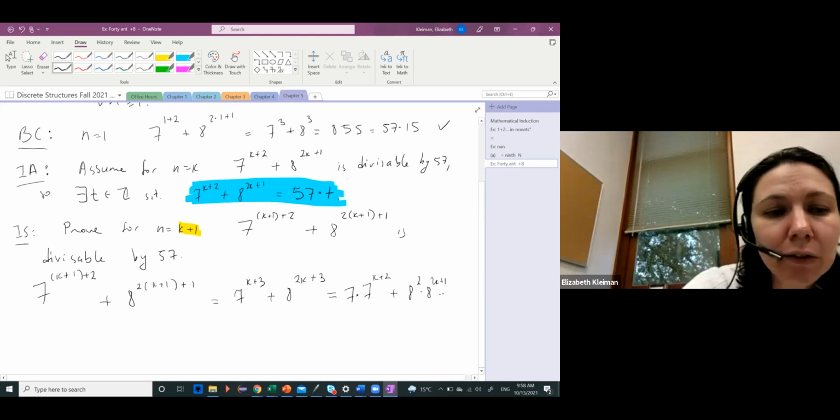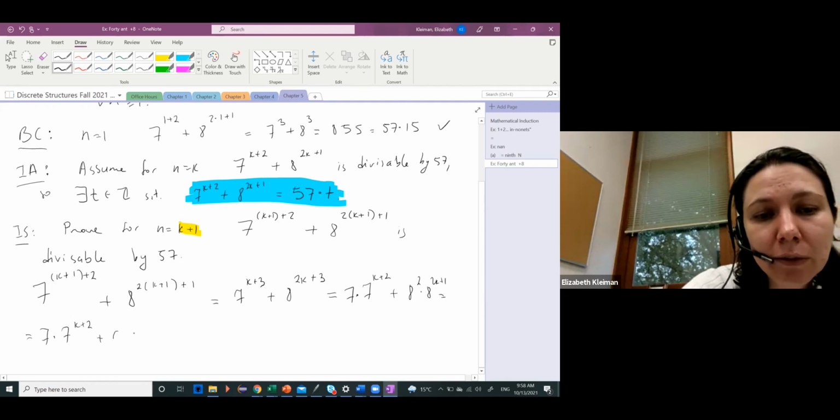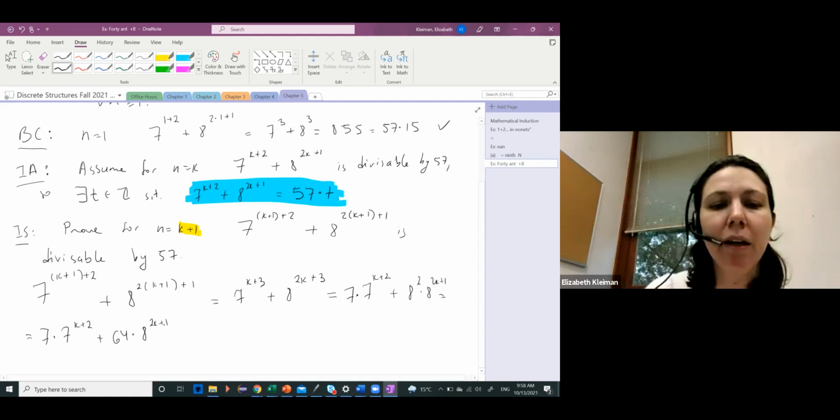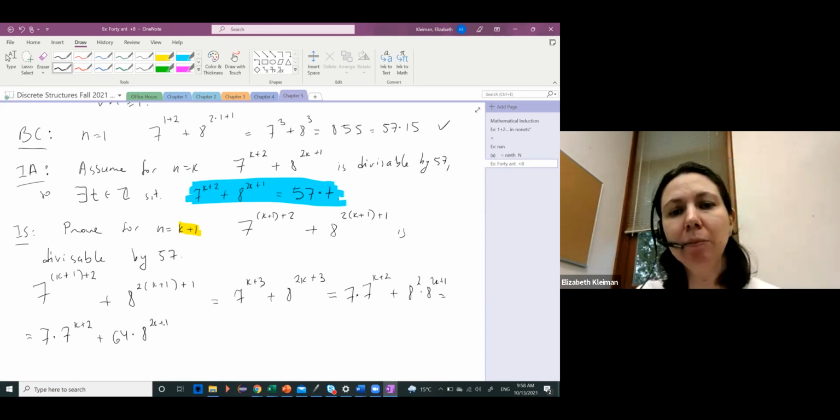So the other way of writing it down is 7 multiplied by 7^(k+2) plus 64 multiplied by 8^(2k+1). Agreed? Yes. Now, the most common mistake is trying to say, well, it's 57 multiplied by t. No, it's not.